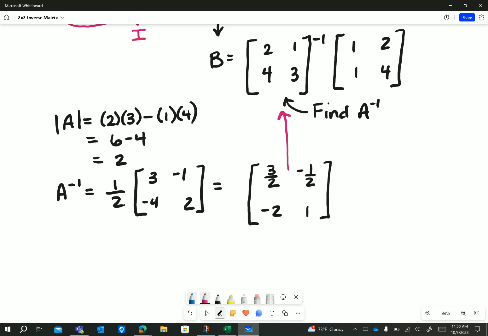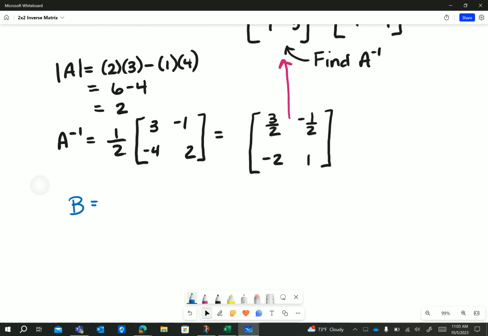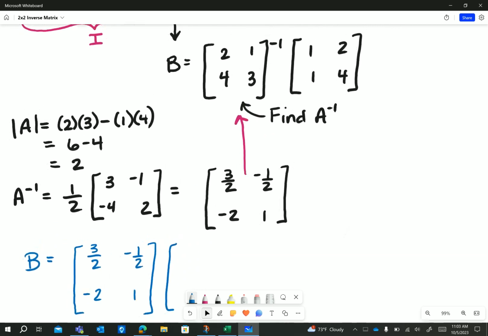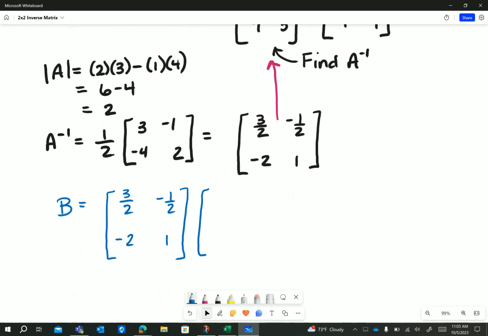So now to find B, this is a long problem. I take the answer that I got and substitute it for that A inverse matrix. So that is 3 over 2, negative 2, negative 1 half, and 1. And I have to multiply it by, what was the other matrix? 1, 1, 2, 4.